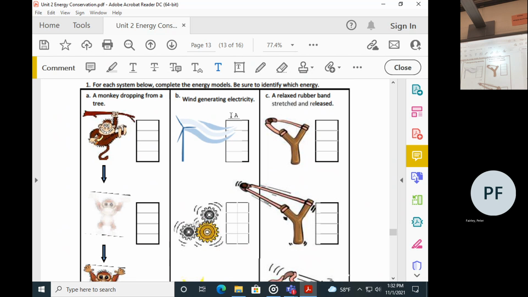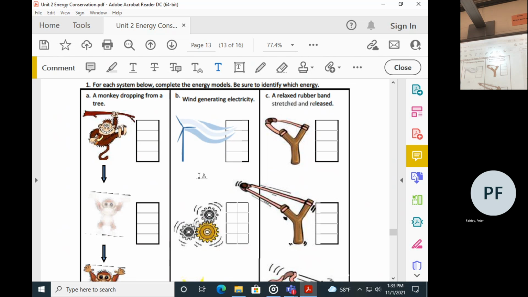So this is where we are now. So tell me this, what is wind? It is air, but what is the air doing? Wait a minute, if it's moving, then it has what energy? It has kinetic energy. So what we're doing with a windmill, with a wind turbine, is we're trying to trap that kinetic energy.